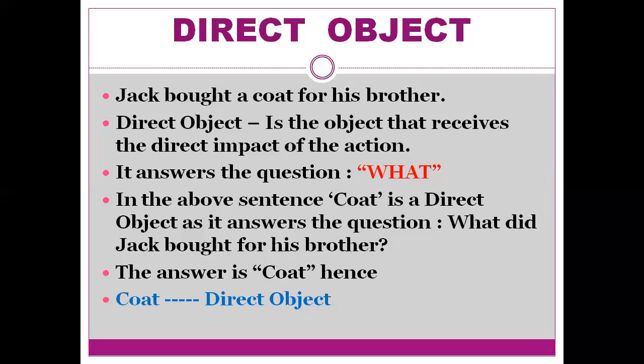What could the question be? What did Jack buy for his brother? The answer, of course, is coat. Jack has bought a coat for his brother. So coat is your direct object because it gives the answer to the question what. So hence, it is a direct object.